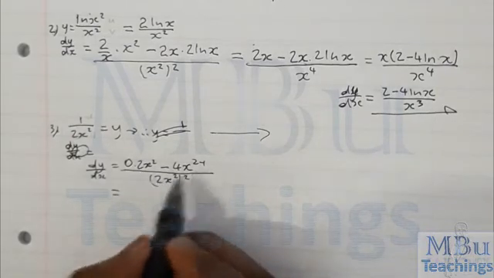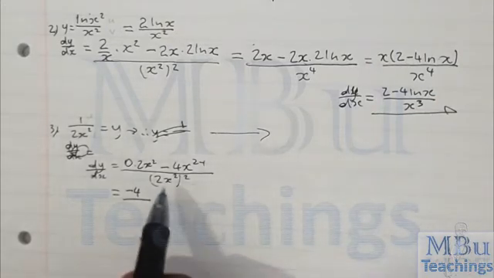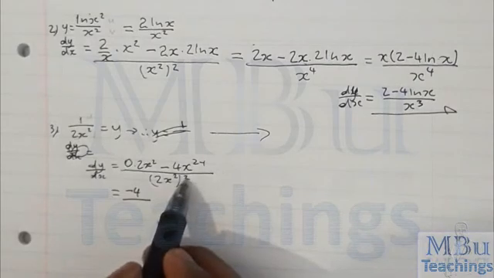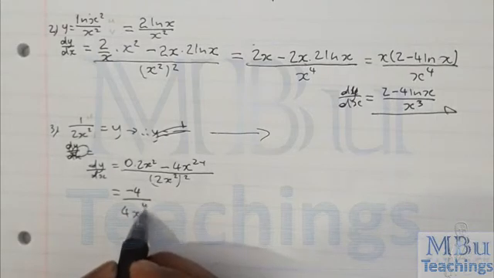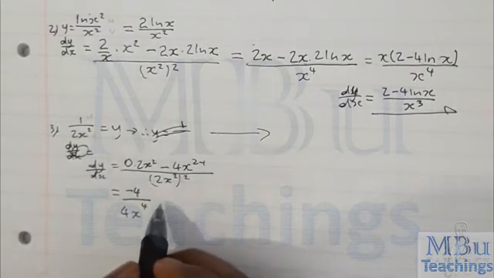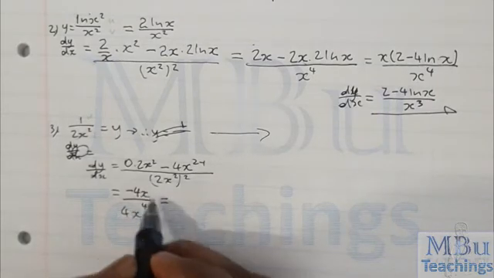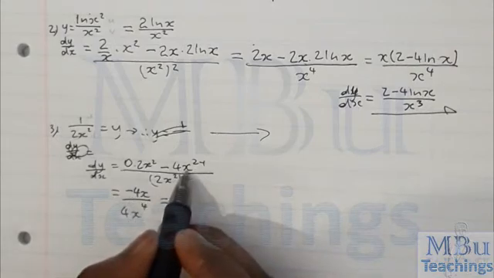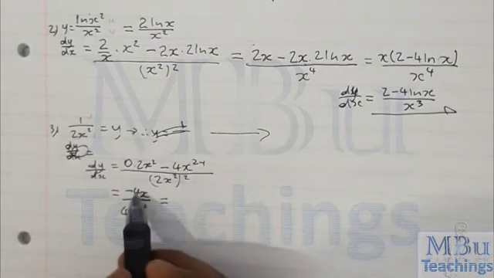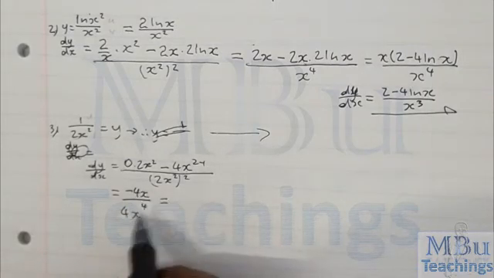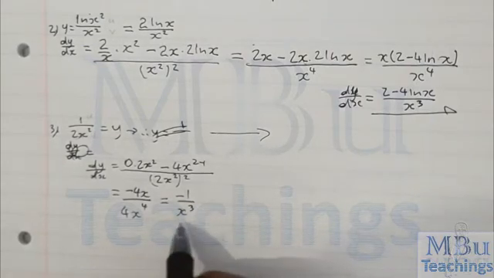This is 0, so I have minus 4 over, then this is squared, so that means this is 4x to the power 4. Yeah, so they'll cancel out. This is negative 4x, that was 4x. So this is negative 4x, yes. I almost made a mistake here. So that means 4 and 4 will cancel out, 1x and 1x will cancel out, then we'll be left with negative 1 over x cubed.